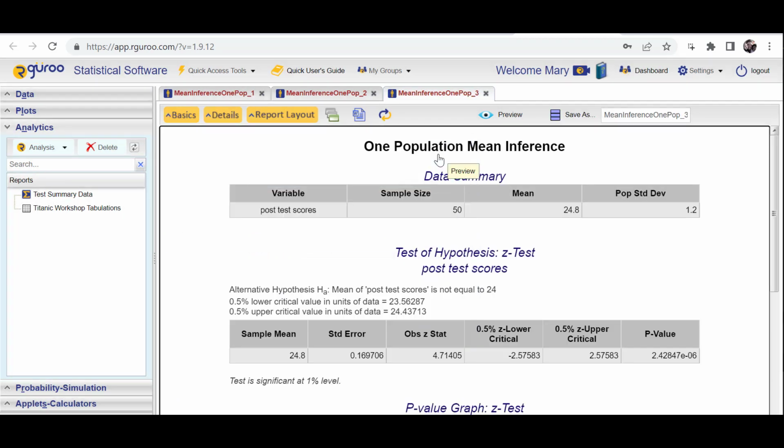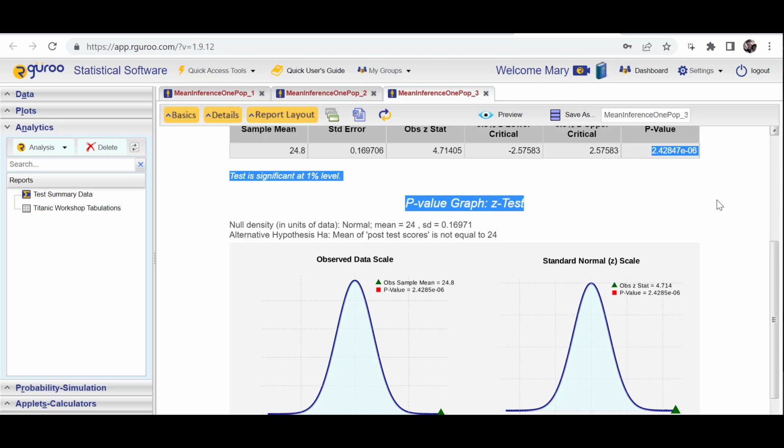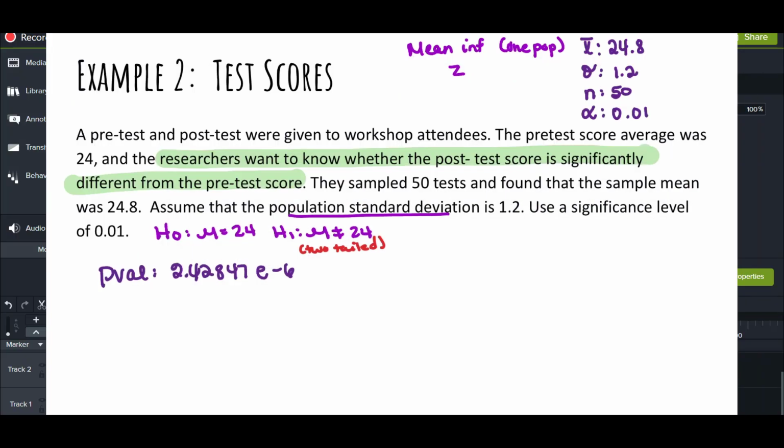And it looks like the p-value is 2.4247 e negative 6. Okay, so looking at that, this is in scientific notation.